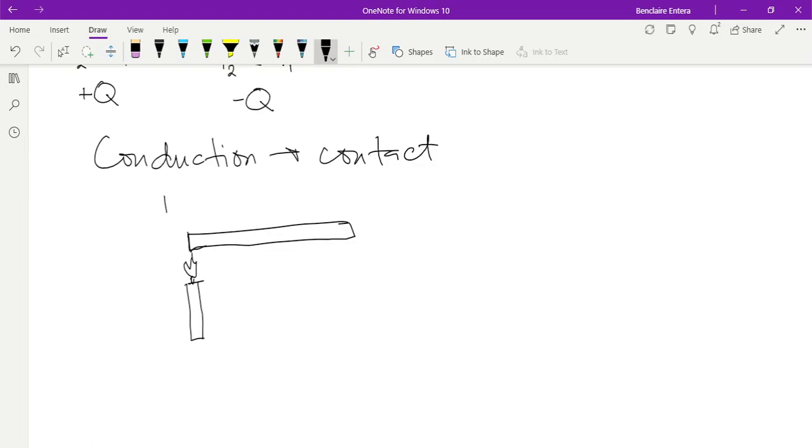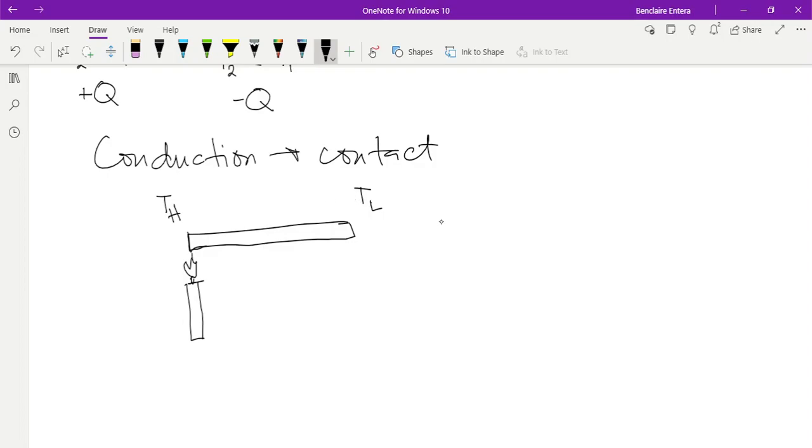So this now becomes the higher temperature region. This here is the lower temperature region. Heat is transferred, and again, you have to take note of this: heat is transferred from the region of high to the region of low temperature. So it's always from high to low temperature.